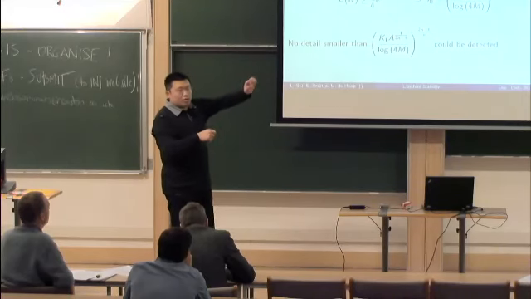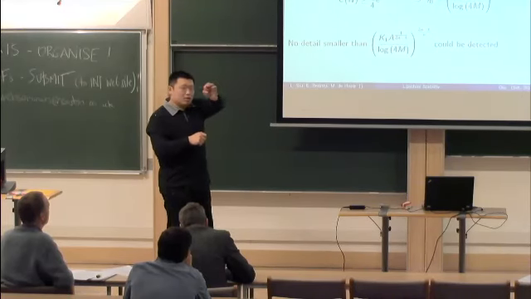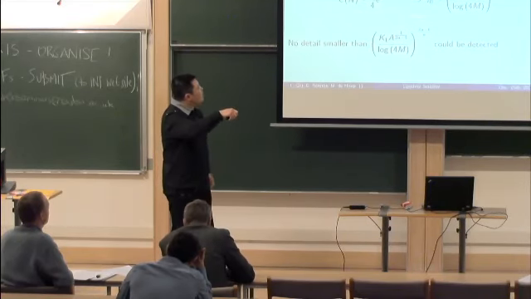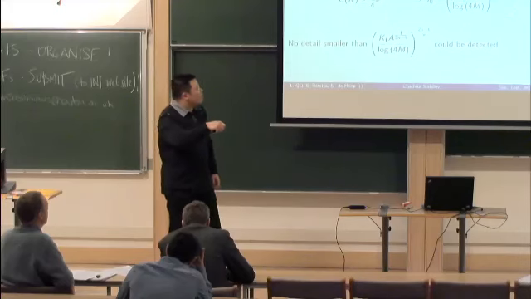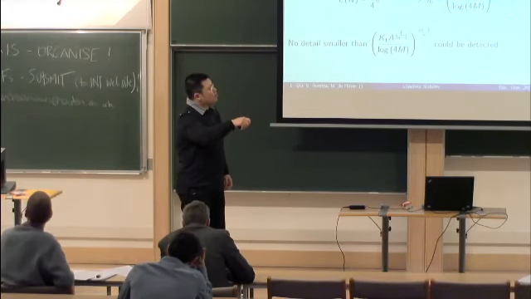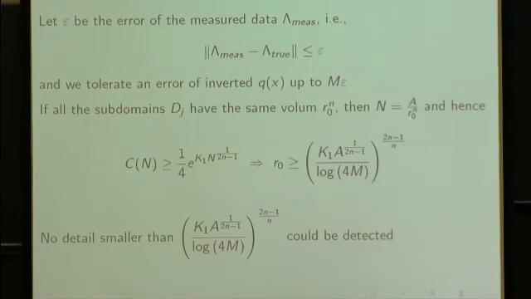Dj is you label those small cubes, and Dj is just one of the small cubes, and each Dj has the same volume R0 to the power n. Then the number of subdomains is equal to A divided by R0 to the power n. Remember, A is the volume of the calculation domain omega. So the capital N is just this number.